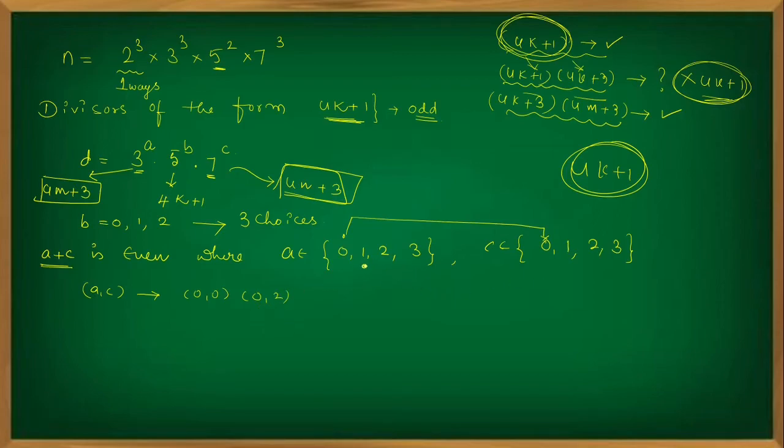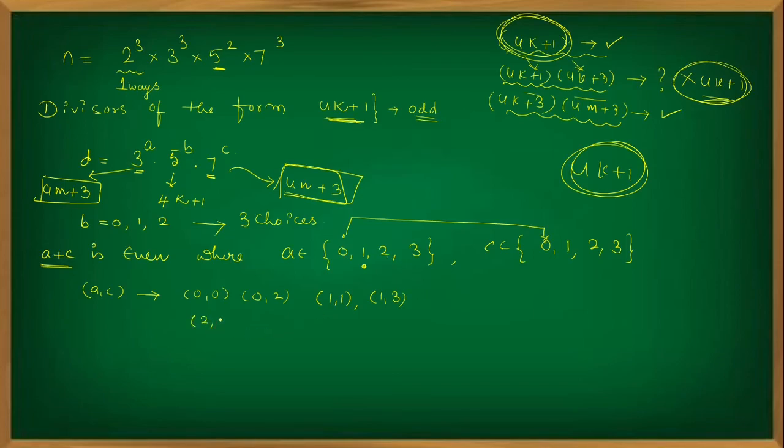Now with 1: 1 comma 0, no, because 1 plus 0 is odd. 1 comma 1 we can take, yes, since 1 plus 1 gives 2, which is even. 1 comma 2, no, 1 plus 2 is 3, odd, we don't want that. 1 comma 3 is 4, yes. Then with 2, what are the combinations we have?